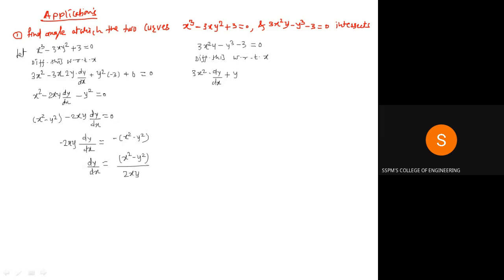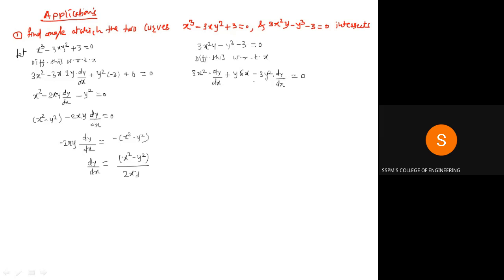What is the derivative of x square? 2x into 3, that is 6x. So here you get the term 6x. Minus, the derivative of y cube is 3y square, and next the derivative of y is dy by dx. What about the derivative of a constant? It is 0. That is equals to 0.